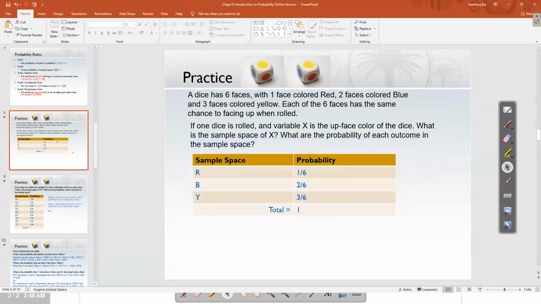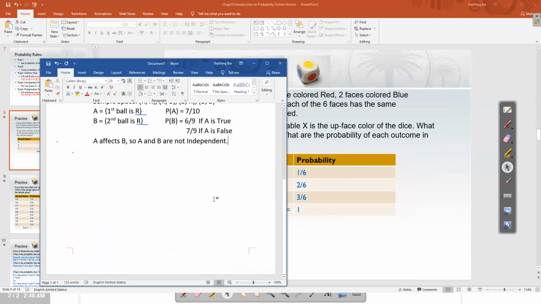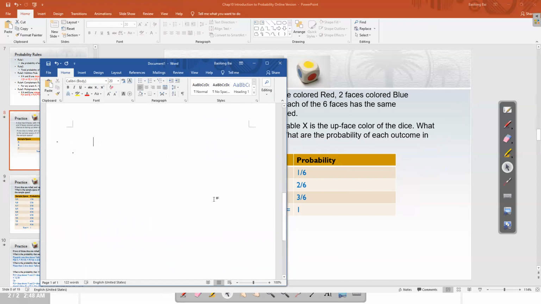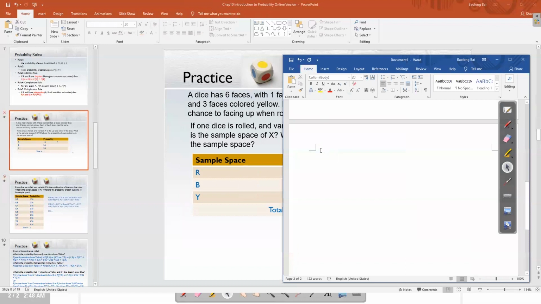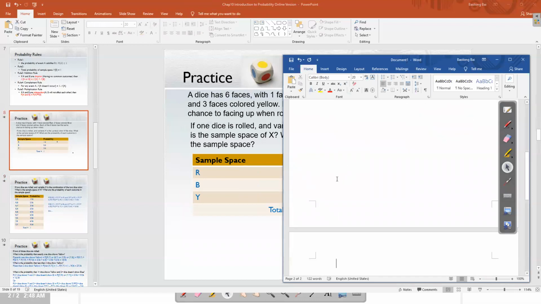All right, so I'm going to introduce a way to quickly find a sample space of any random process. If you are good at it, that's okay. If you struggle, here may be something you can do to make it easier.